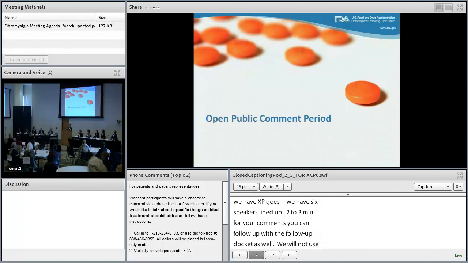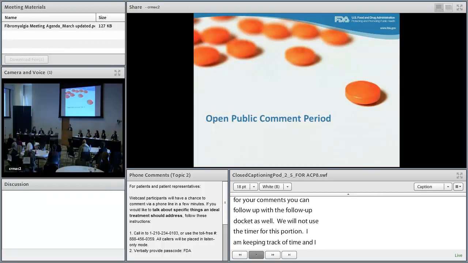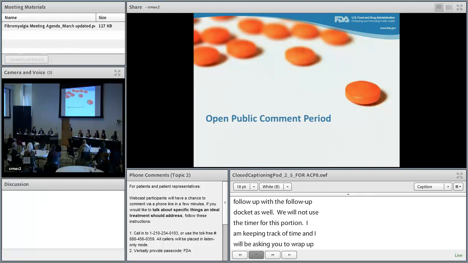We're not going to use the timer for this portion, just like we didn't use the timer for any other portion, but I am keeping track of time, and I will be asking you to wrap up if you go beyond your 3 minutes, just to make sure we can keep everything moving along fairly and efficiently. Okay? So first we have, I'm going to read all the names so you know your order. We have Sally Oaken. Oh, and I apologize if I mispronounce any of these names.